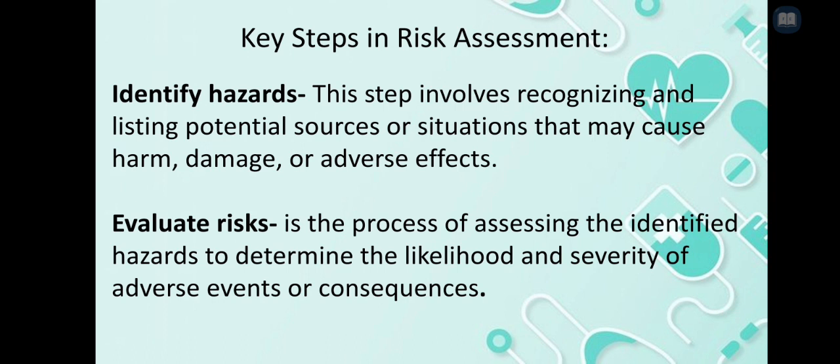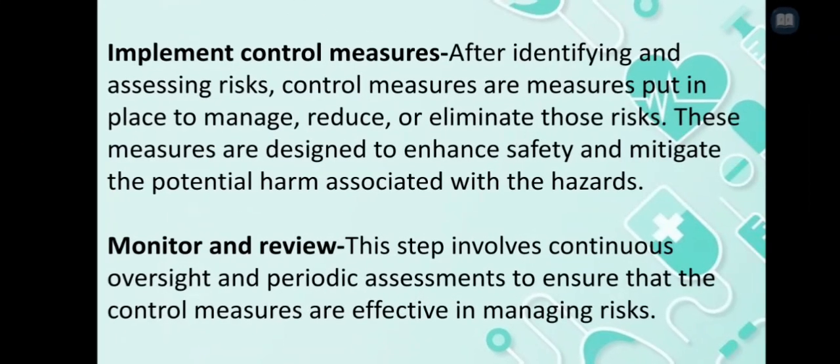This step helps you understand the chance of something bad happening and how severe the consequences might be if it does. Imagine it like a scale where you weigh the probability of an accident against the potential harm it could cause. The higher the number on the scale, the more important it is to take action to reduce the risk. Next is implement control measures.